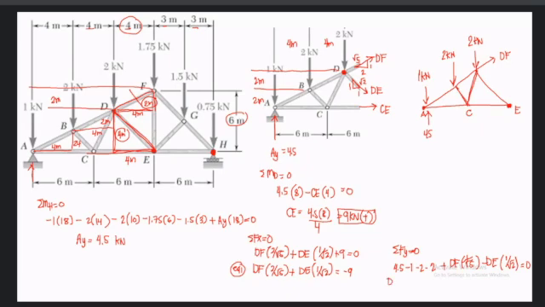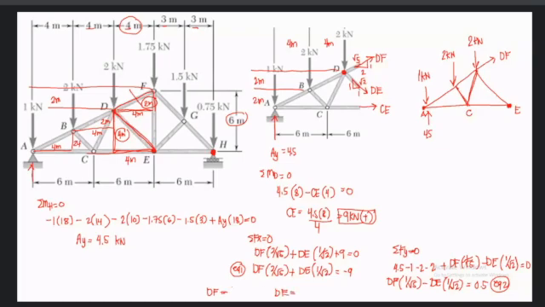So simplifying, this is your DF times 1 over square root of 5 minus DE times 1 over square root of 2 is equal to 0.5. That's your equation 2. So saan galing si 0.5? That's 5 minus 4.5. No? So that's positive 0.5.